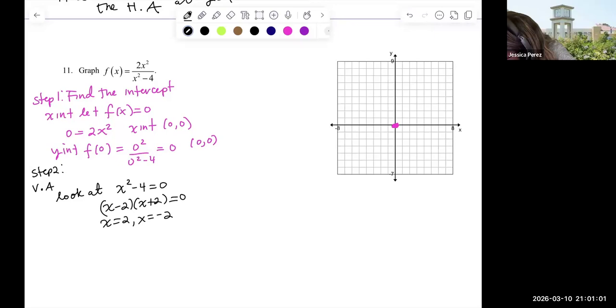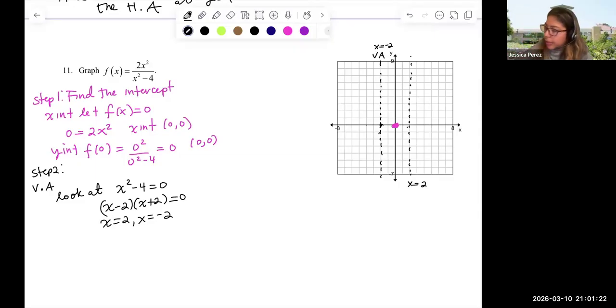So I'm going to count 1, 2, 3, 4, 5, negative 2. There's going to be a vertical asymptote at x equal negative 2. And at x equal 2, you will have another vertical asymptote.